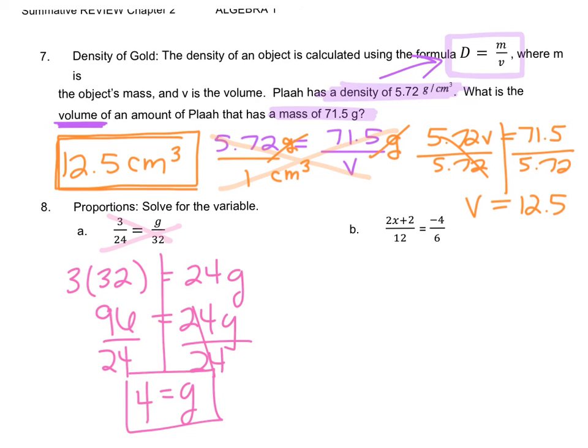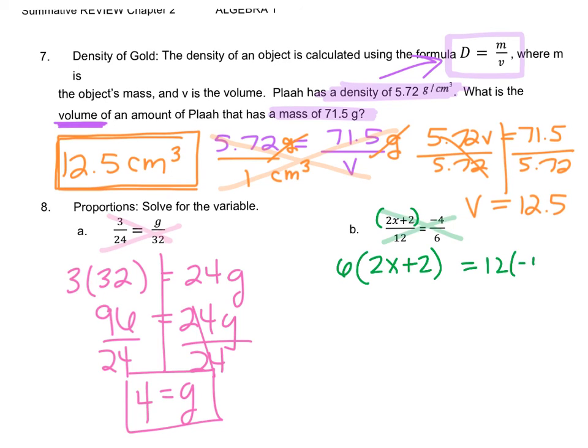And then final problem, we are going to cross multiply. The one thing is, when we cross multiply this time, anytime we have an addition or subtraction or a compound event going on, we have to make sure it goes in parentheses. So when I cross multiply, it's 6 times the whole thing, 2x plus 2. It's not just times the 2x, it's times that whole item from that top.